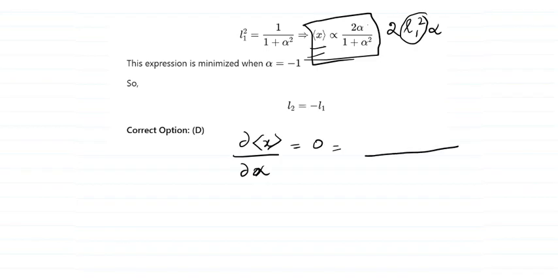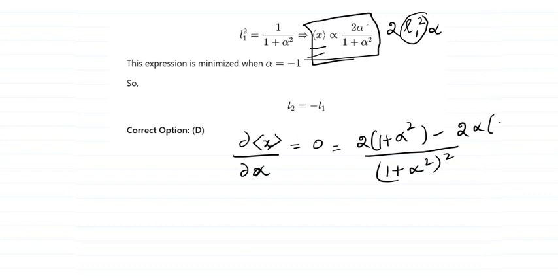So using the u by v method, in the denominator we are having 1 plus alpha square the whole square, and differentiating 2 alpha, we get 2 into 1 plus alpha square minus 2 alpha into 2 alpha, and equating it to 0.